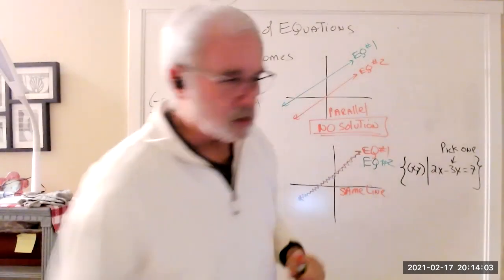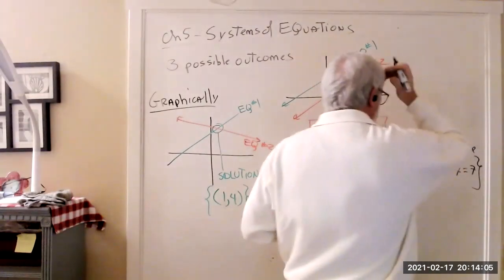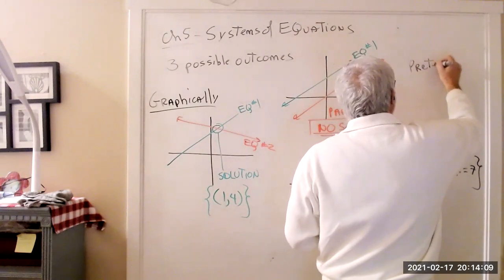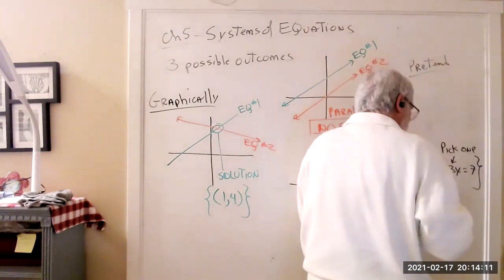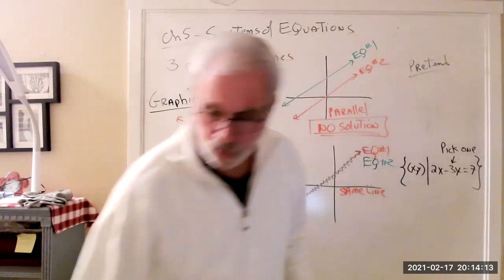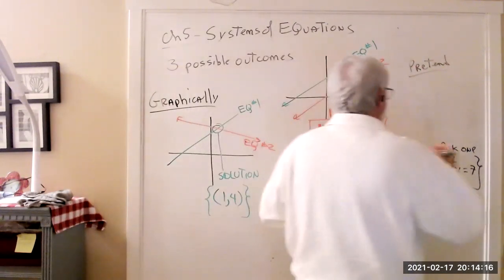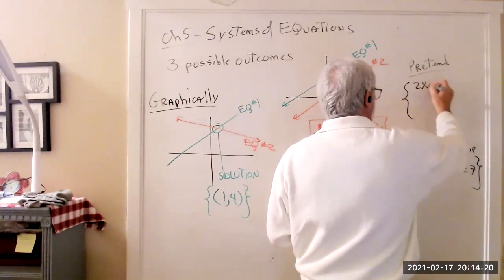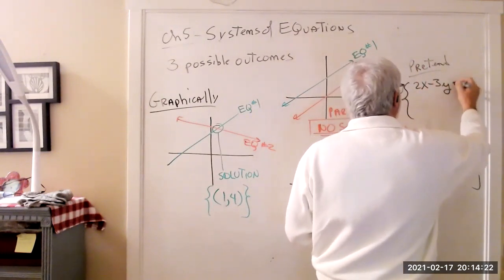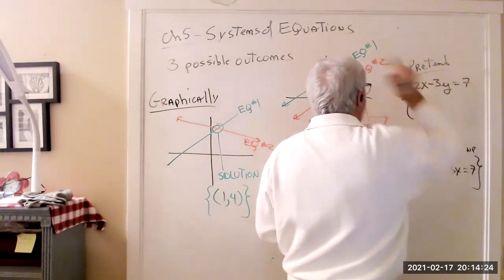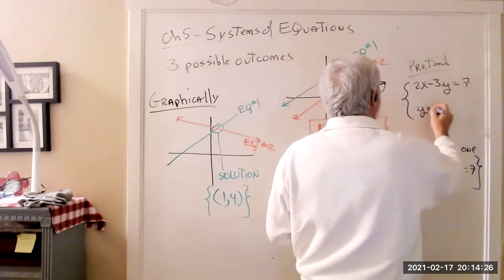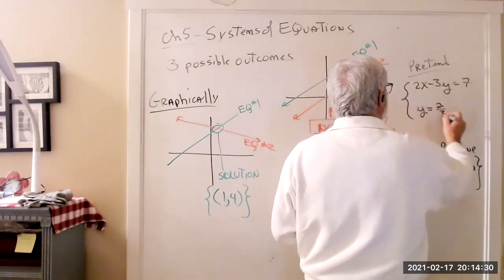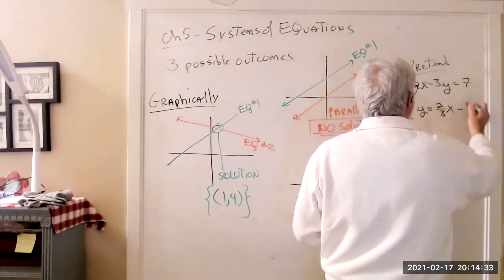okay, let's pretend I have a pen that's not running out of ink. Pretend that you had a system that was 2x minus 3y equals 7, and y equals 2/3 x minus 7/3.